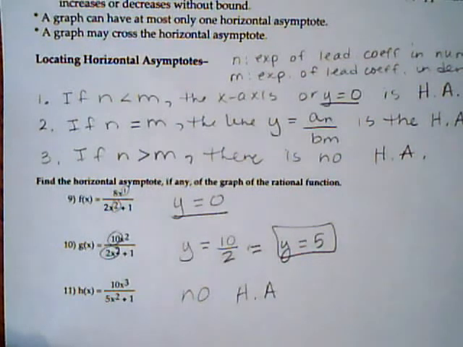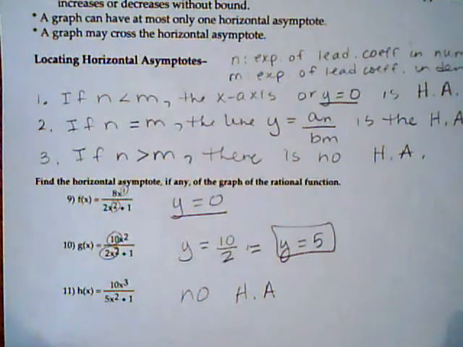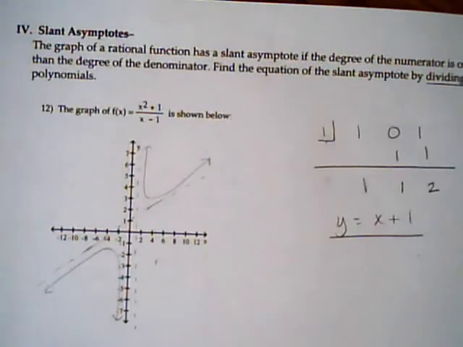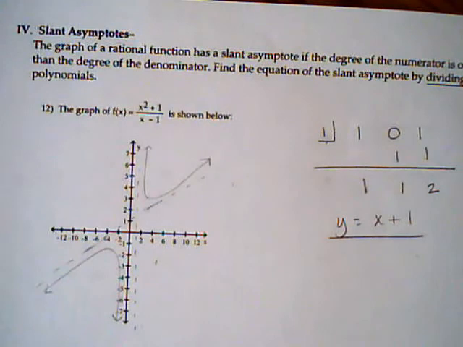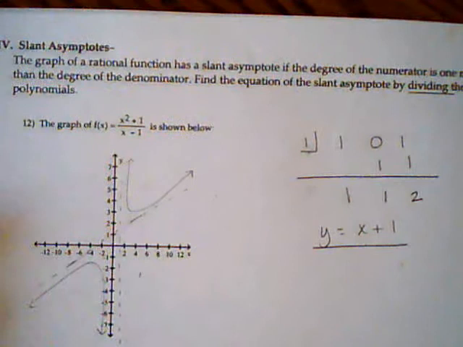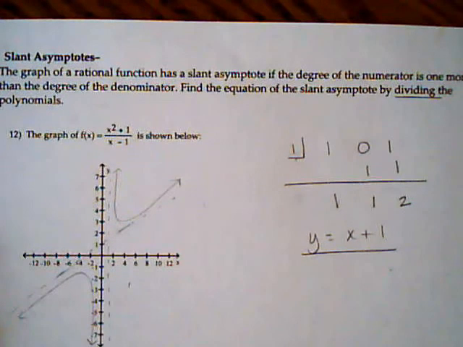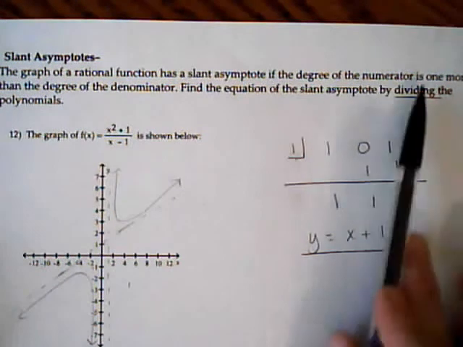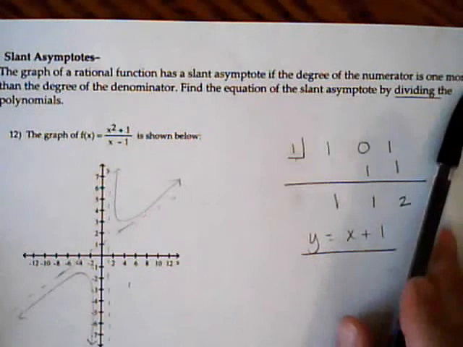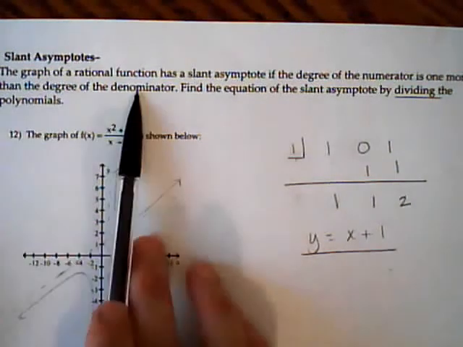The third type of asymptote that we're going to talk about is the slant asymptote. And, you know, from its name, it's usually some type of slanted line. It says the graph of a rational function has a slant asymptote only if the degree of the numerator is 1 more than the degree of the denominator.